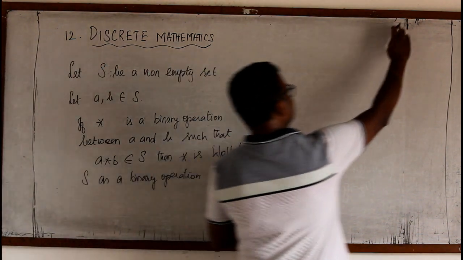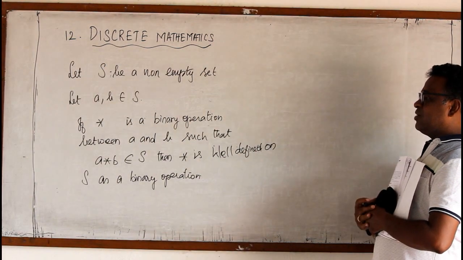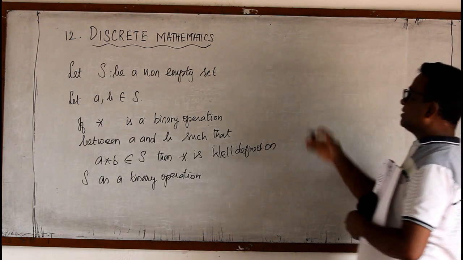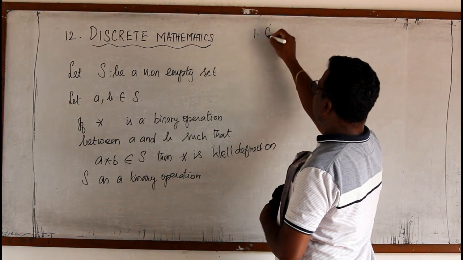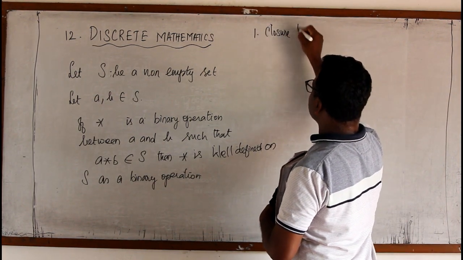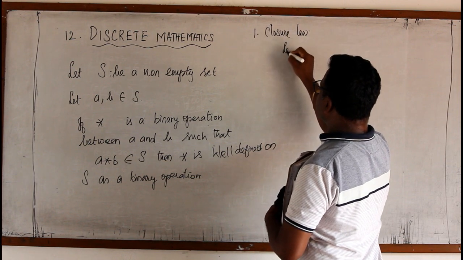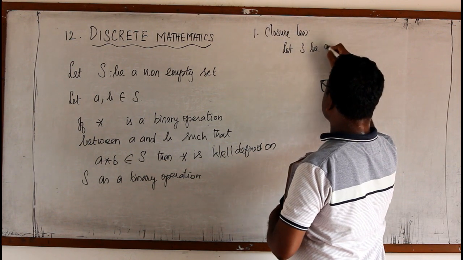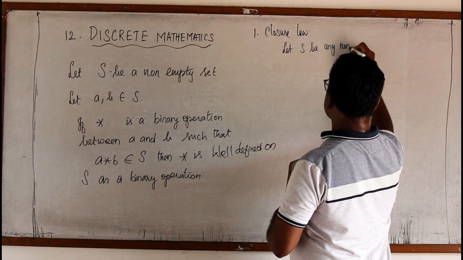Now we shall see some of the laws which we are going to introduce in this set. First law is called the closure law. Let S be any non-empty set.